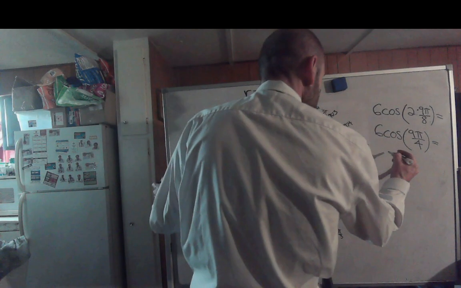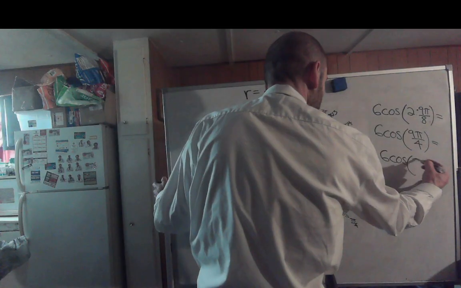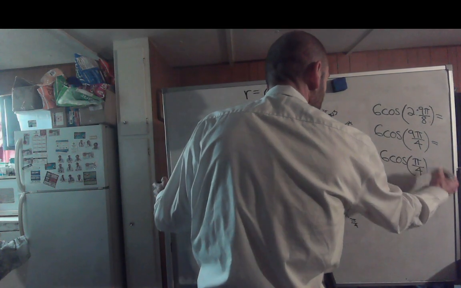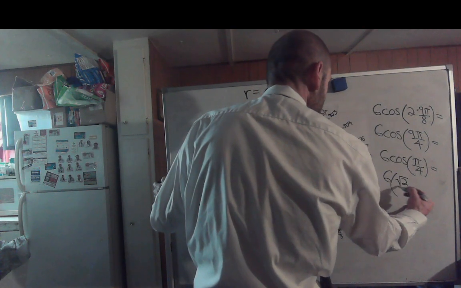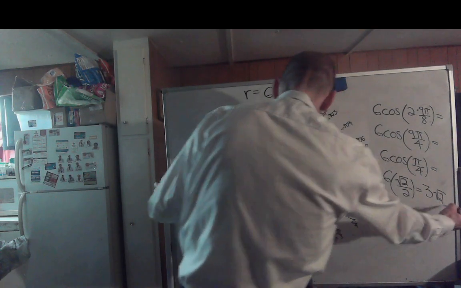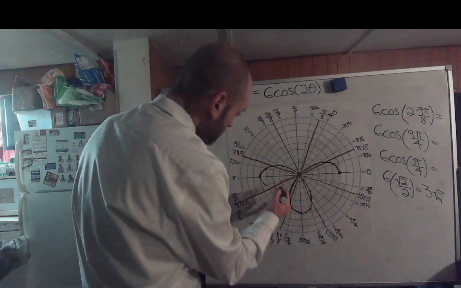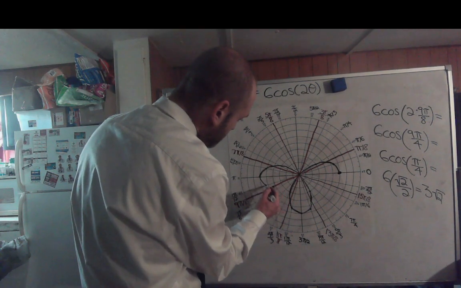Well, 9 pi over 4 is over 2 pi, so subtract 2 pi, that would be the same as 6 times the cosine of pi over 4, which would give me 6 times the square root of 2 over 2, which would be 3 times the square root of 2, which would put me a little bit over 4.